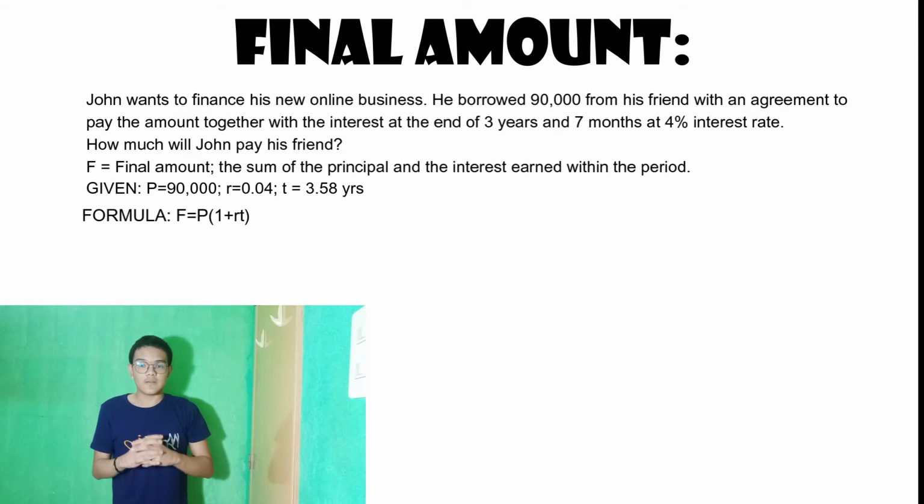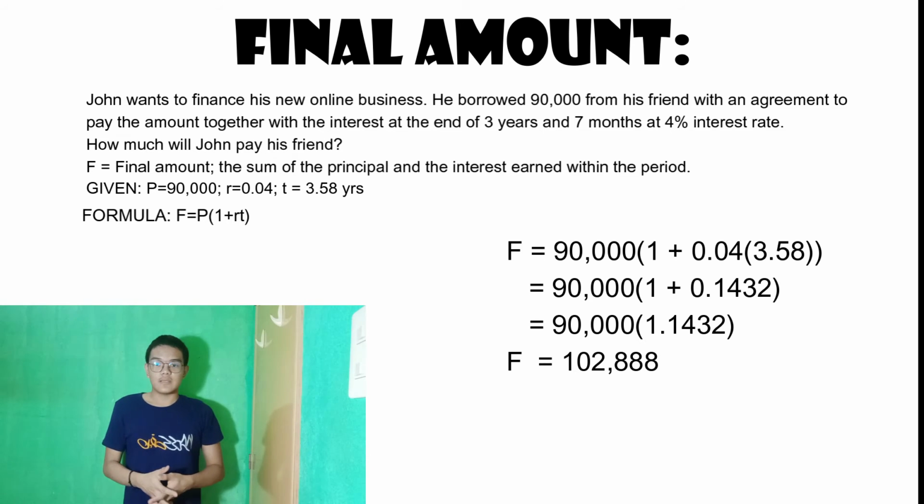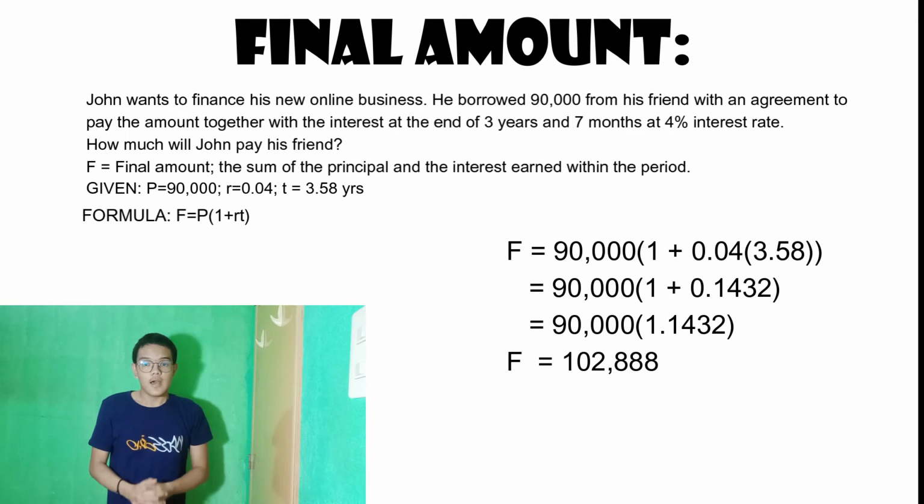Then, we must substitute the given values. As a result, it will be 90,000 multiplied by the quantity of 1 plus 0.04 times 3.58. Then, we must multiply the values within the parentheses. So, we multiply 0.04 and 3.58 and add the result to 1.